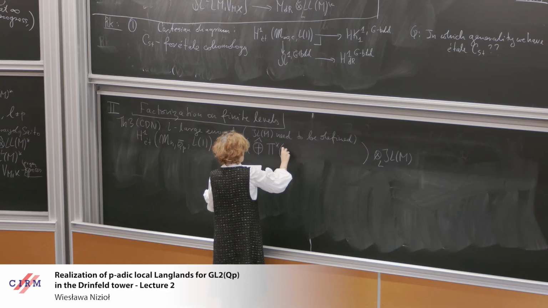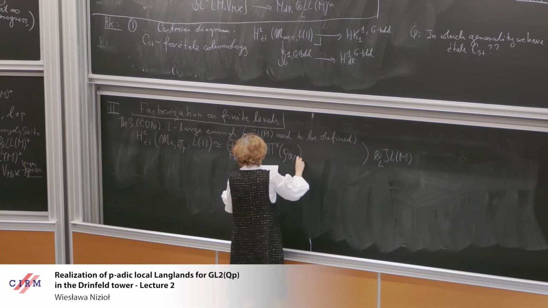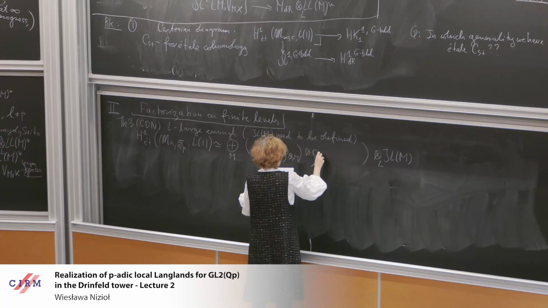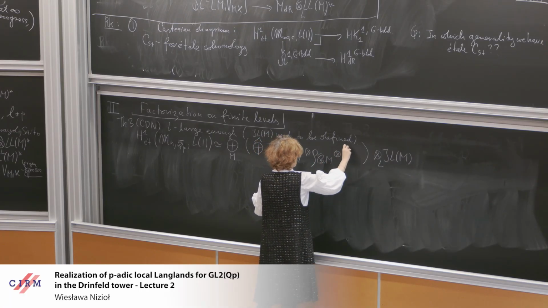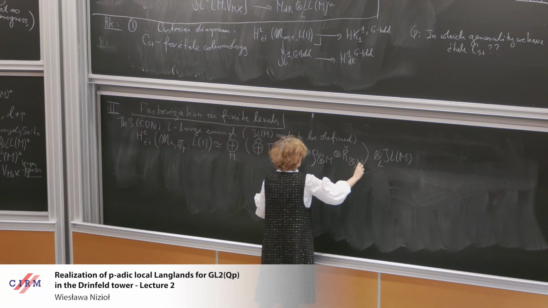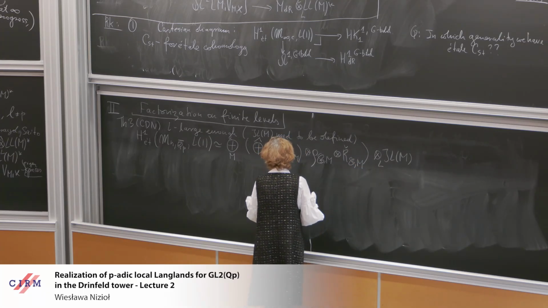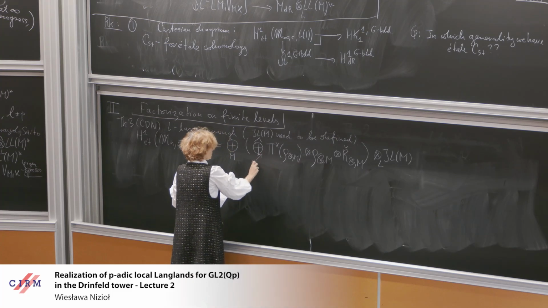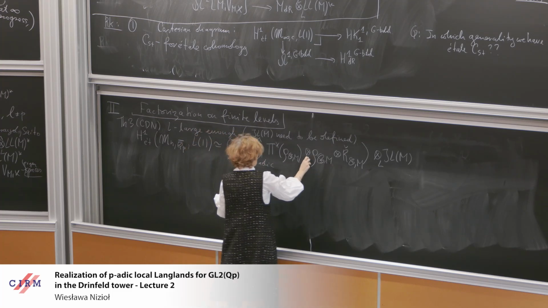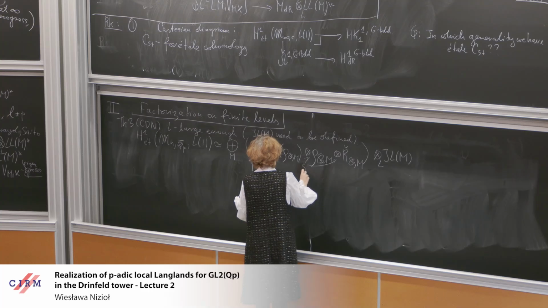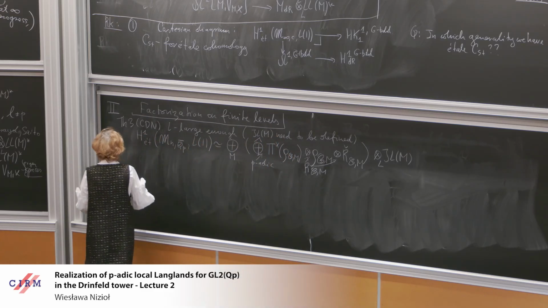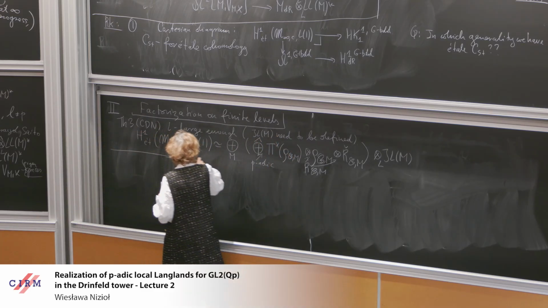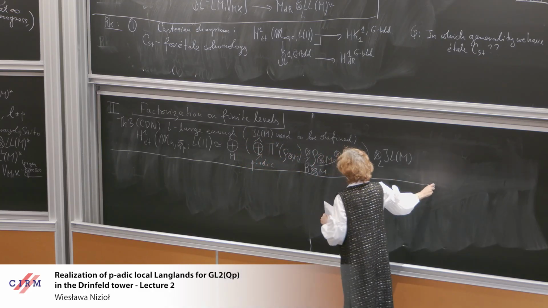Let me write this expression here, and I will explain what these things are. Okay, and so this is the p-adic completion, and the tensors are all over R_B^M. So this is what I refer to as the factorization of our cohomology.